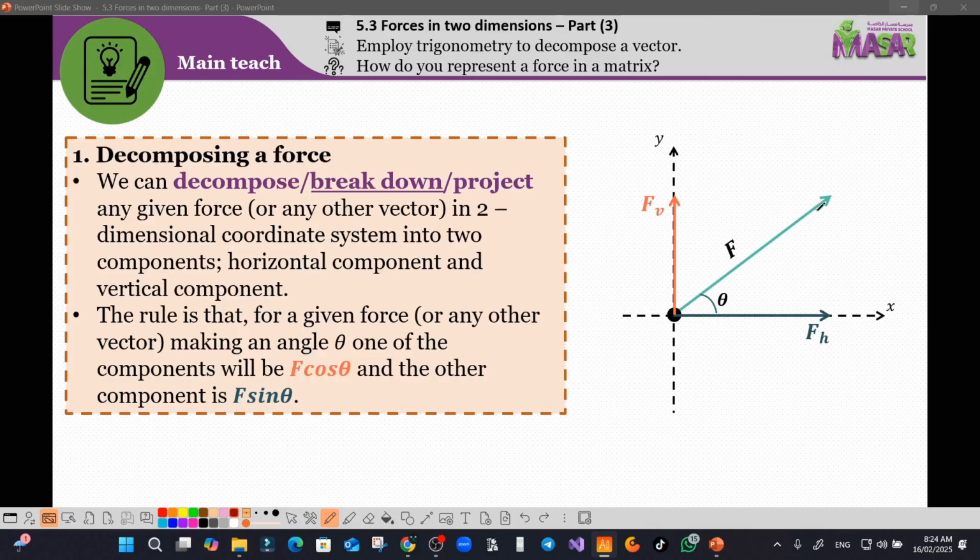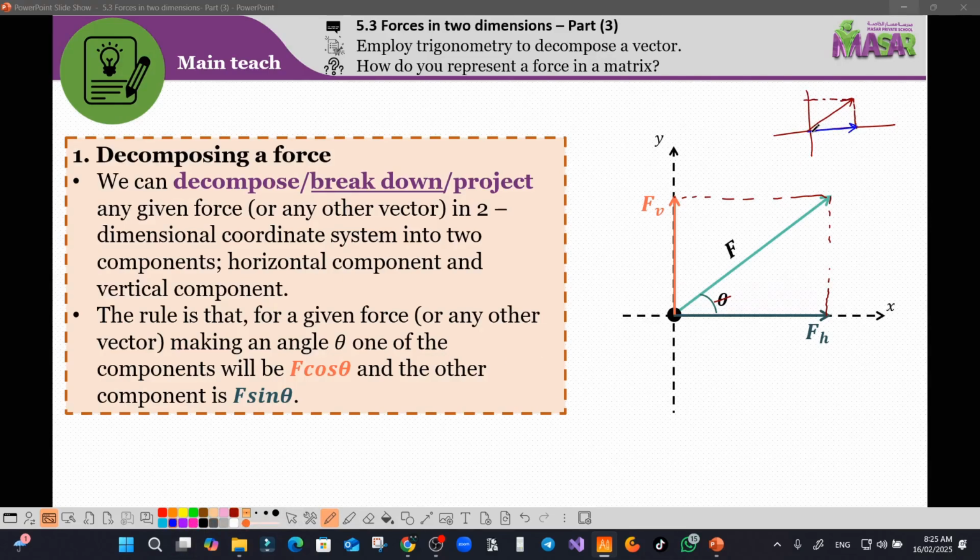To visualize this, we project the force vector along the horizontal and vertical axis, forming a rectangular shape where the diagonal is represented by F. So whenever we have a force, we take the tip of this force, the head, and we project it along the x-axis and along the y-axis, and as a result we get a rectangular shape.